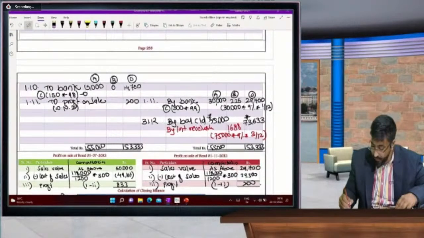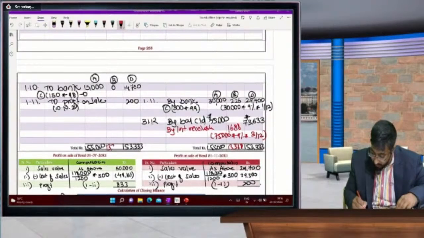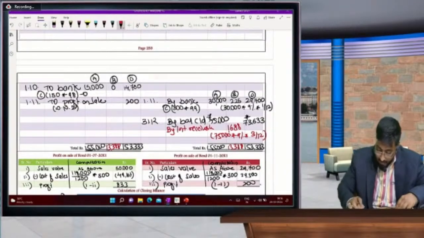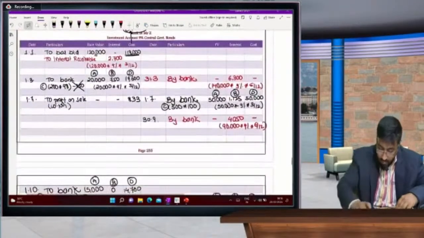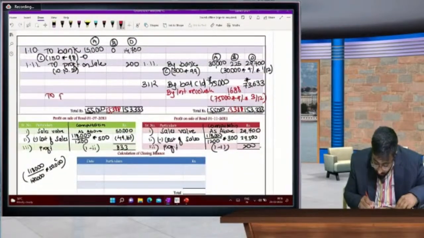So 13,388. 13,388 minus 2,700 minus 750. 9938 to P&L. 9938.